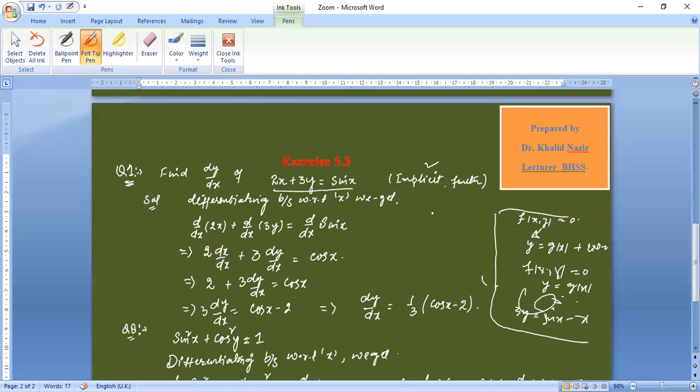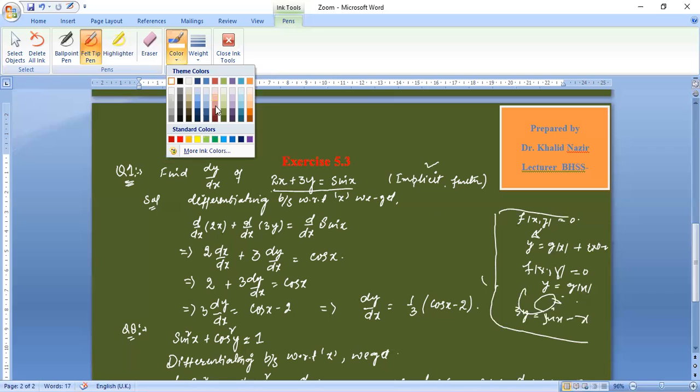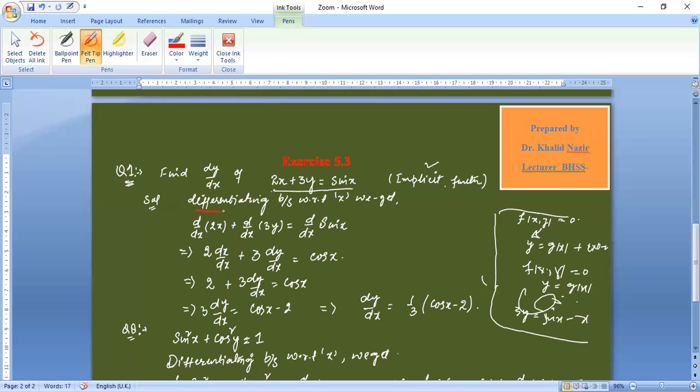Now, what we do in implicit functions, we directly differentiate this whole equation on both sides. On the left hand side, we differentiate this term, and on the right hand side, we differentiate this term, right? As already mentioned, differentiating both sides with respect to x. It means that I am actually differentiating like d by dx.